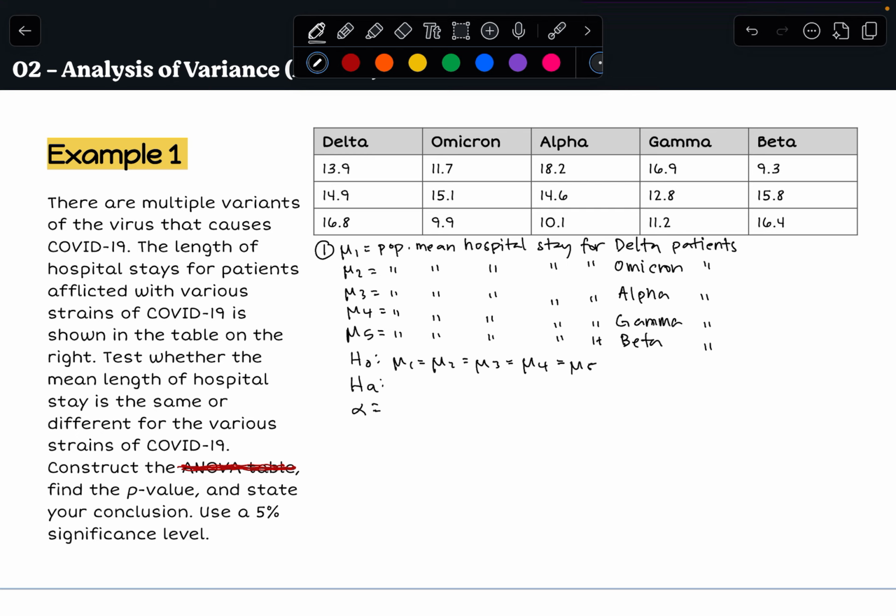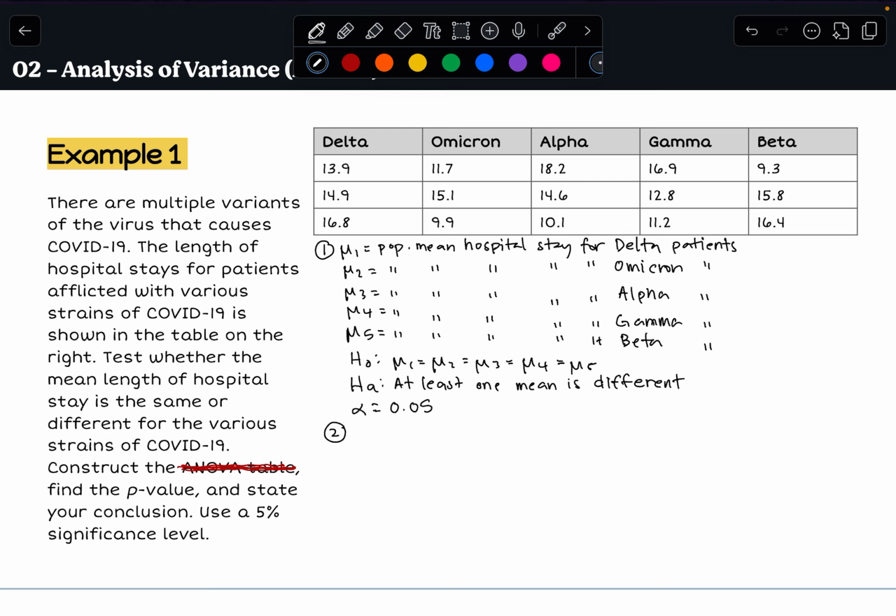And I know that my alternative is that at least one mean is different. This problem was actually nice enough to give us a level of significance, so we know it's 5%, 0.05.